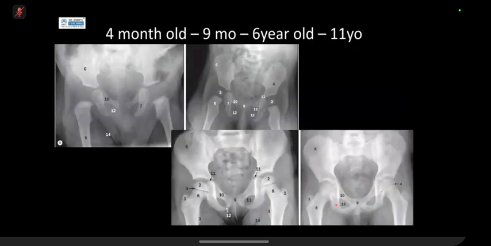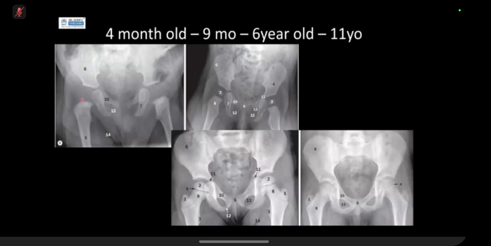Now, just a little bit on DDH, the reason why we do it as early as possible, so 4 to 6 weeks, and then we can monitor them up to about 4 to 6 months, is because of the ossification center. I have no pictures to show you of the ultrasound, but we have a lot of techniques out there, the most commonly known being the Graf technique for ultrasound. You can look it up on YouTube or in a book.